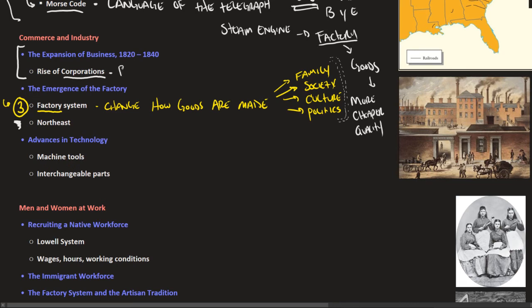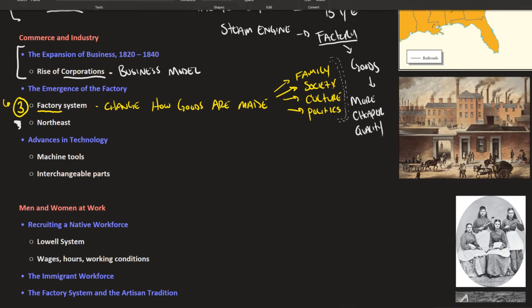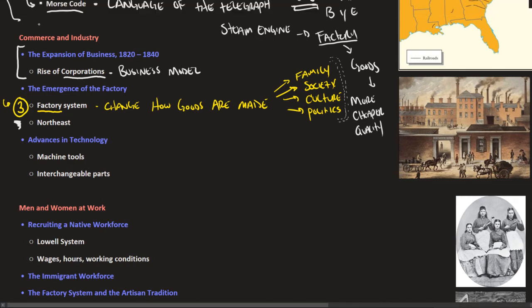A corporation is essentially a business model. Now, this wasn't unprecedented. For example, one thing that we talked about previously was joint stock companies. And a corporation works exactly like a joint stock company.